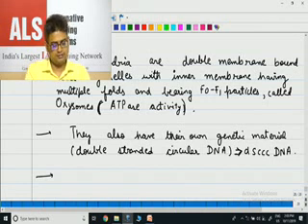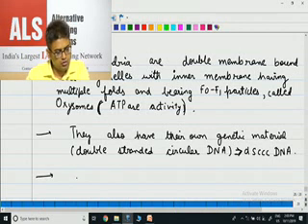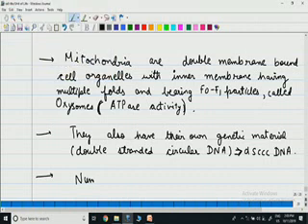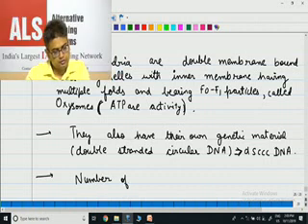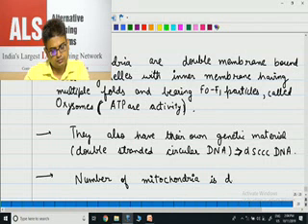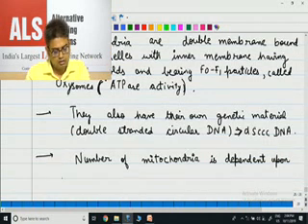So please write, number of mitochondria is dependent upon the metabolic activity of the cell.